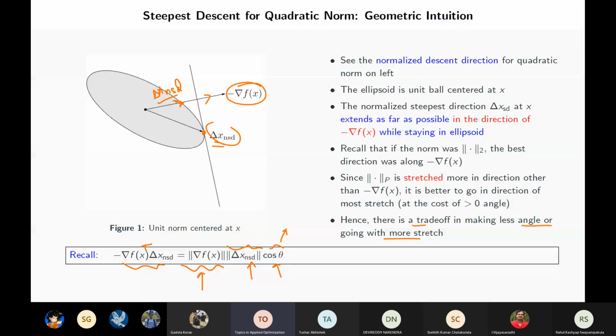Okay, but if I'm using a different norm, then I'm creating unusual stretching. Okay, that's fine. I created unusual stretching, and why would I do that? I would do that only if I have a better local approximation of the function.